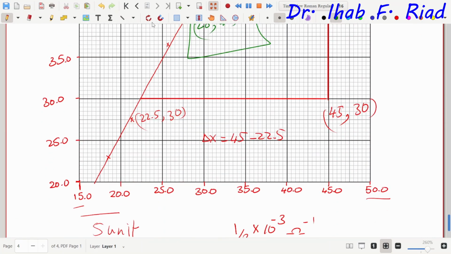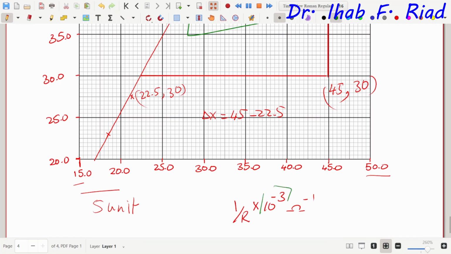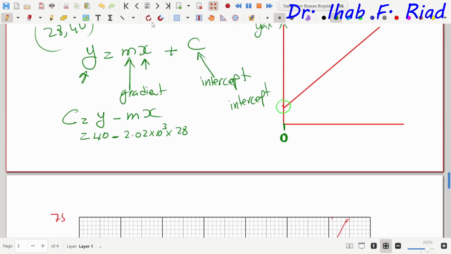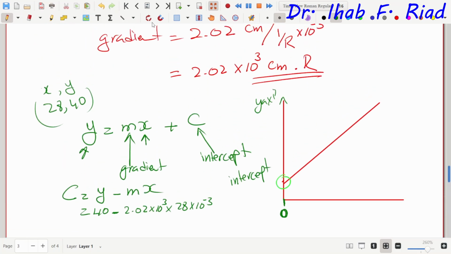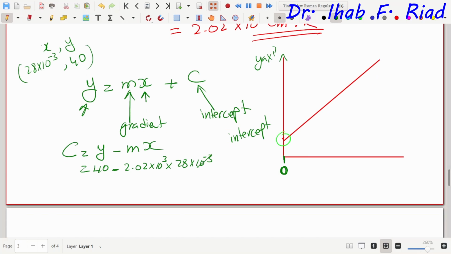But remember, 28 times 10 to the power minus 3. I should have been careful over here when writing this. Now this is going to go away. So 40 minus 2.02 times 28.